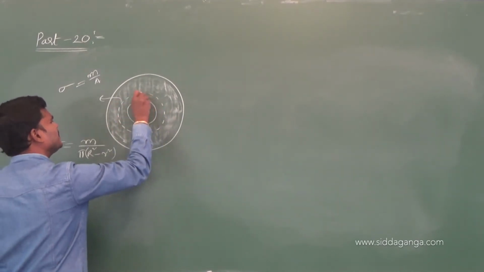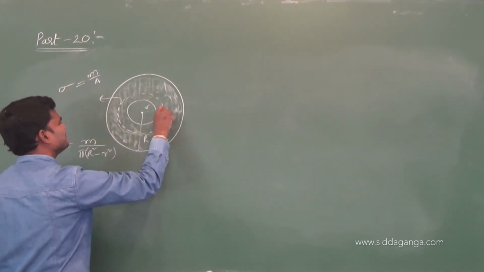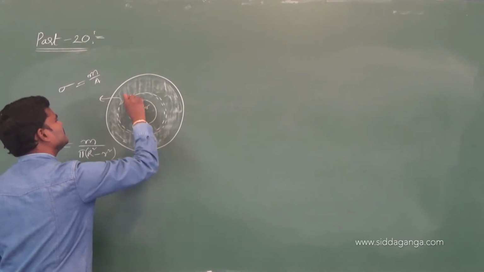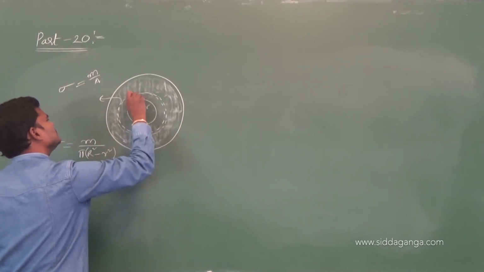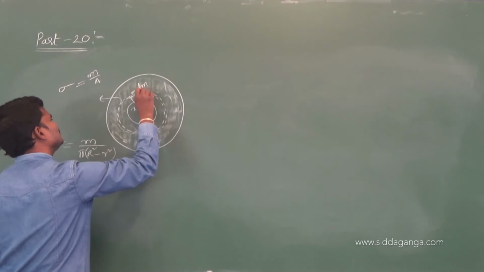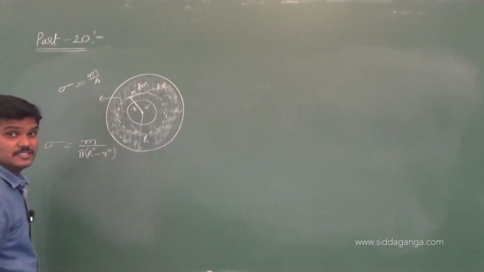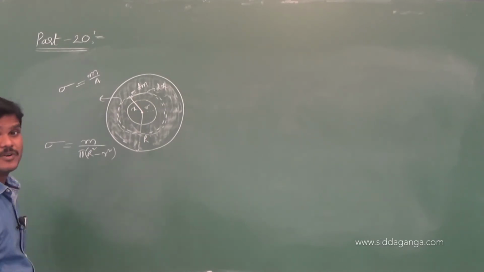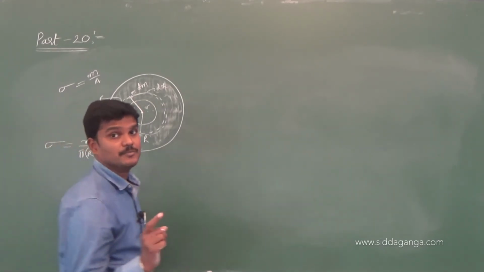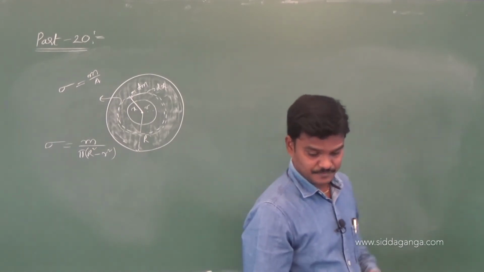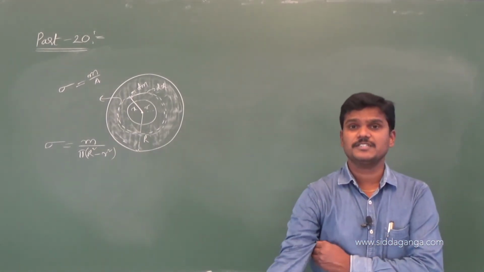We have done plenty of questions for this. Take a small element at a distance x, whose mass is dm, whose thickness is dx. Radius of that small part is x.